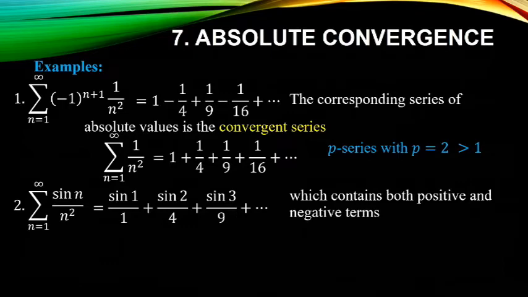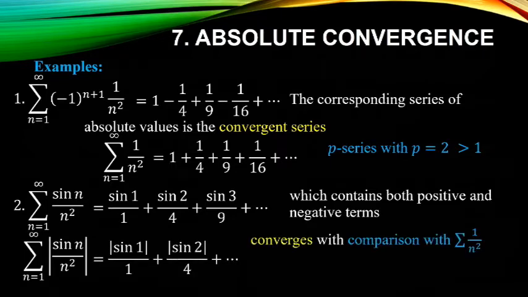Now, we should test the absolute value. The series of the absolute value of sine n over n squared is convergent by comparison with the P series with P equal to 2, since the absolute value of sine n is less than or equal to 1 for all values of n, since sine of any number only ranges from -1 to +1 and back and forth.